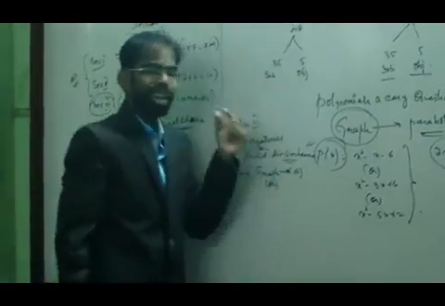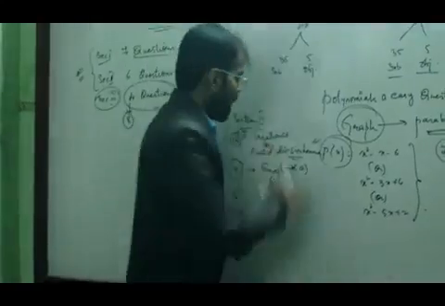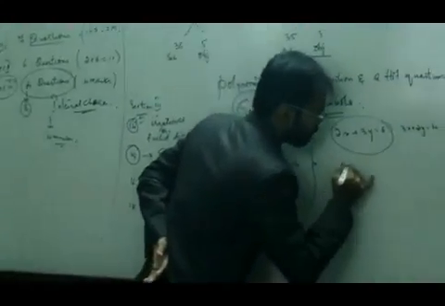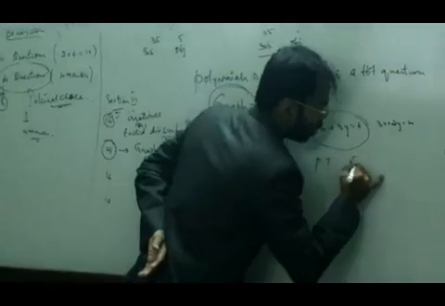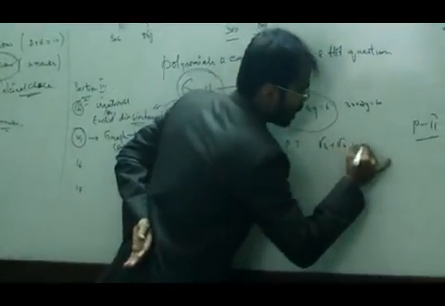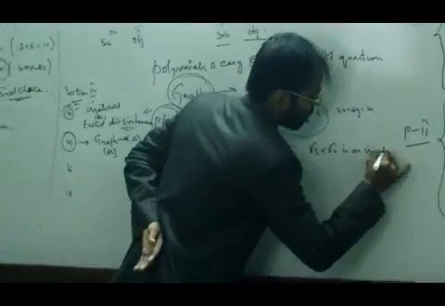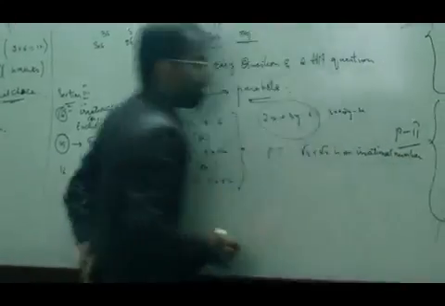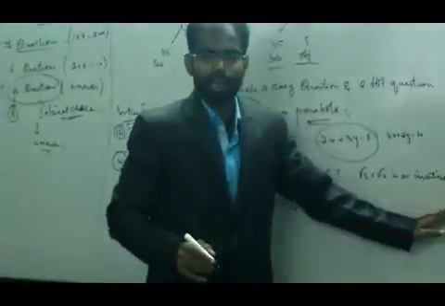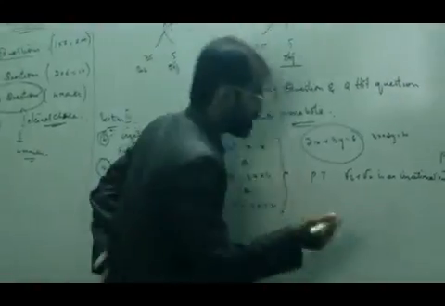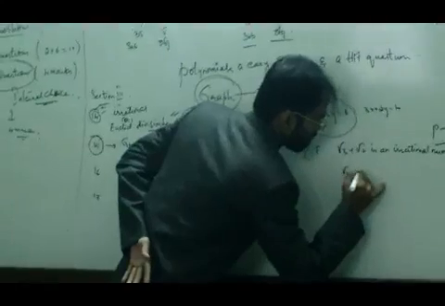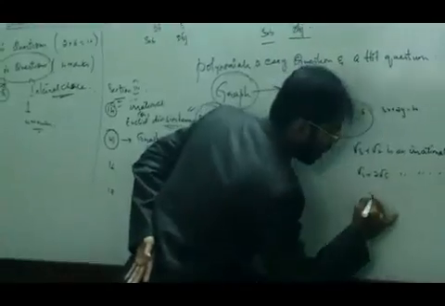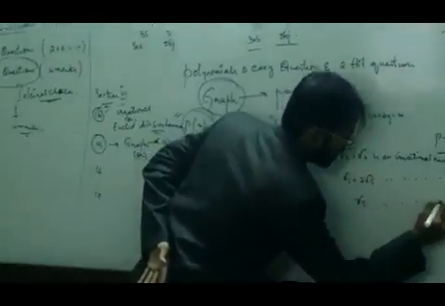These are the big questions which come in your exam. I'll give you one example of an irrational number question. Prove that root 3 plus root 2 is an irrational number. Similarly, root 3 plus 2 root 5 is an irrational number, or root 5 is an irrational number.